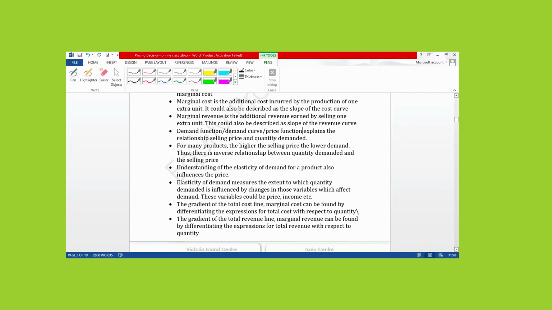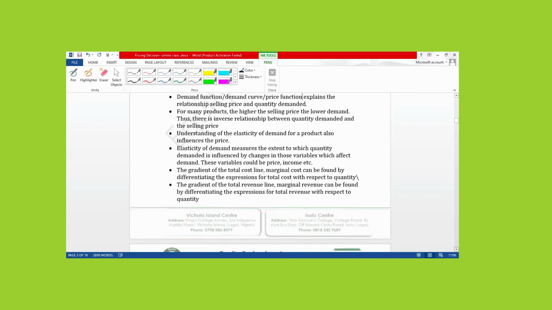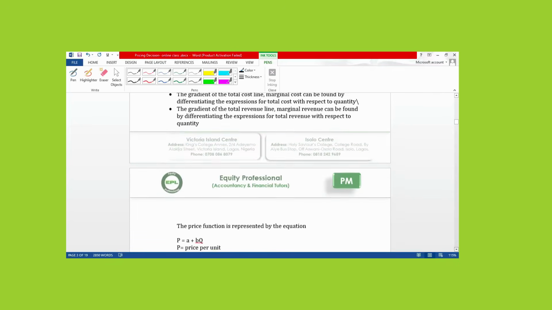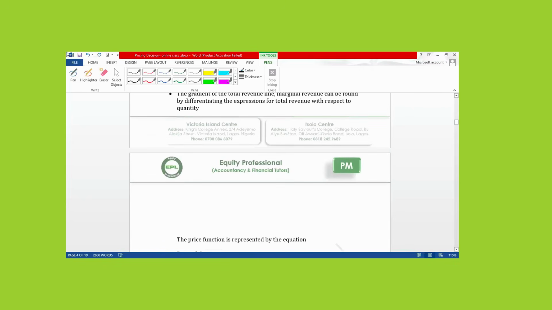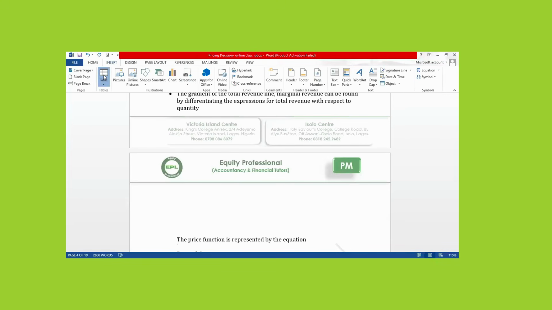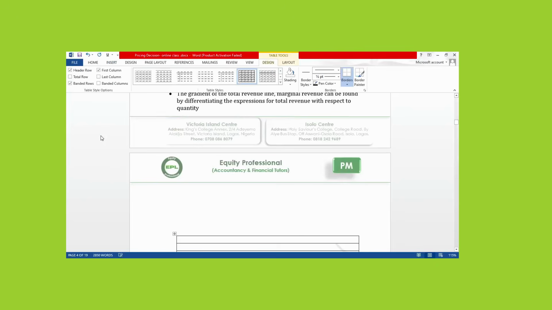Here we are going to require the knowledge of differential calculus. All right. Let me introduce a small table to help our explanation.